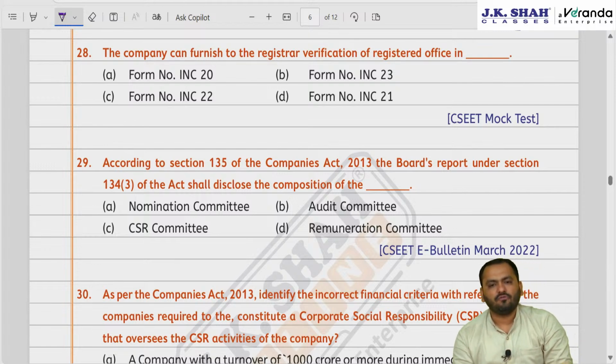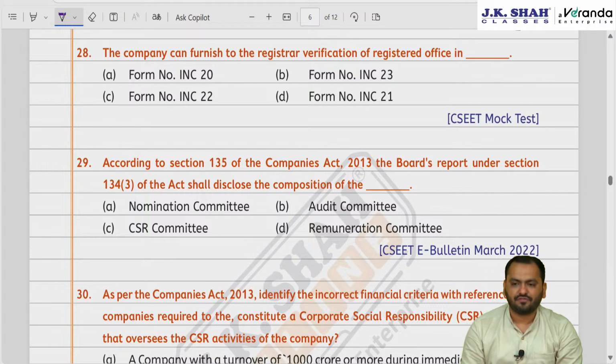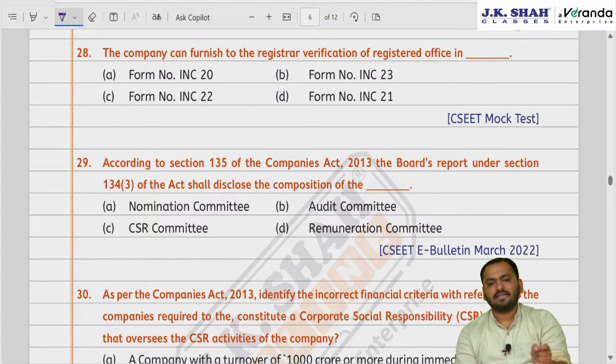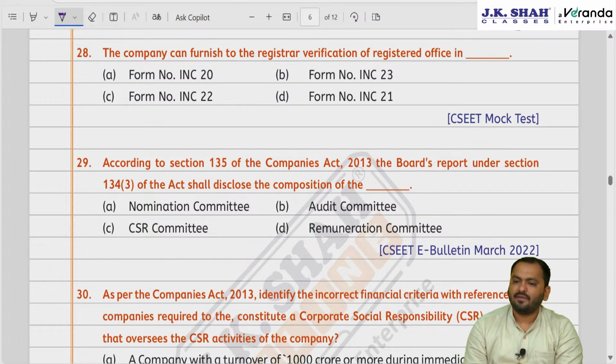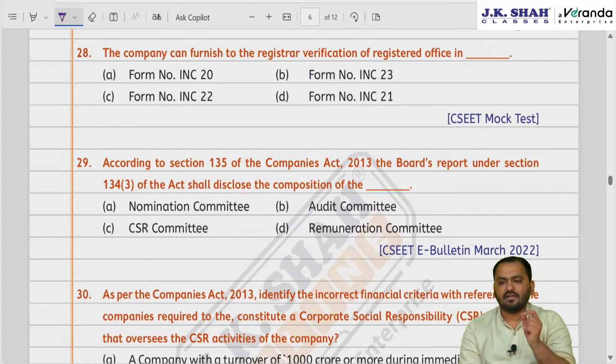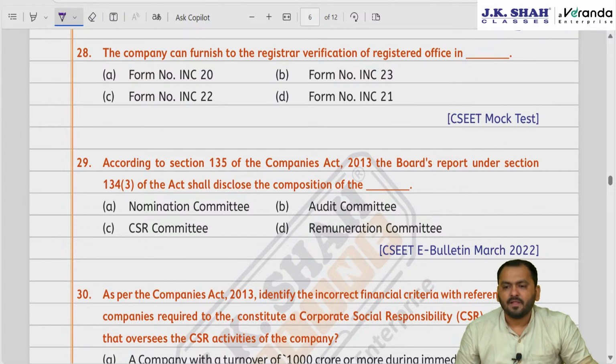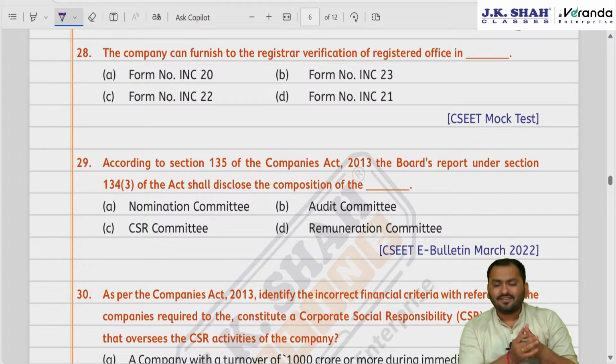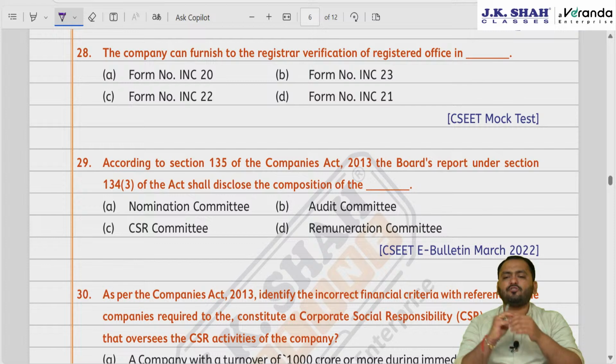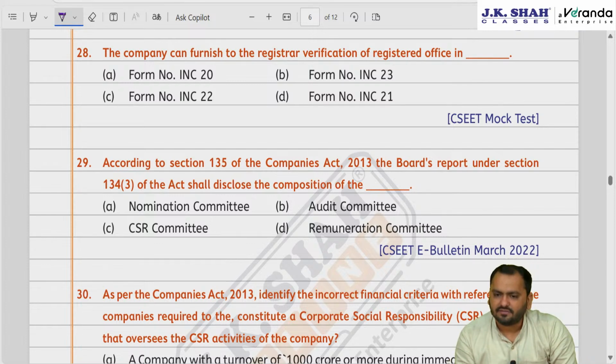So answer is no, we don't write the address of registered office, we just name the state. We just have to write the name of the state in which the registered office of company is to be situated. That's it, right? So friends, in that we are just writing the name of the state. So are we going to hide the address of registered office? Obviously no. So are we going to communicate the full address of the registered office to ROC?